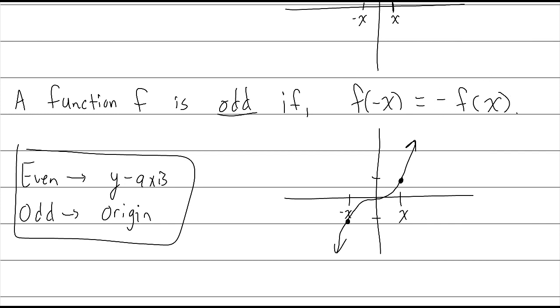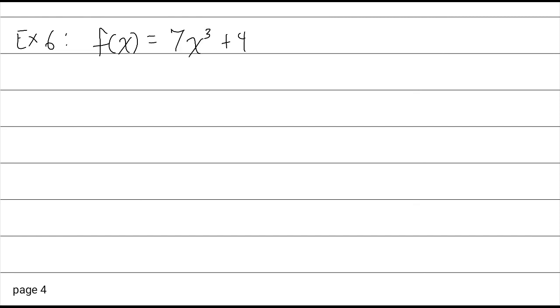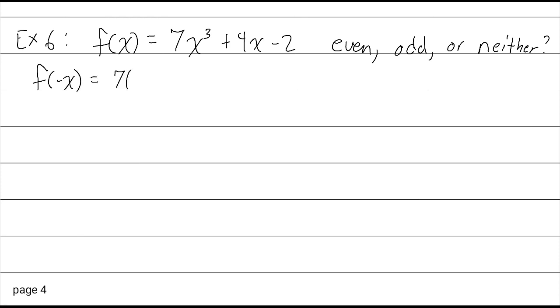All right, let's do one more. The function this time is 7x to the third plus 4x minus 2, and I want to know if it's even, odd, or neither. Okay, as always, change x to negative x all the way throughout the problem, all the x's, don't skip any.